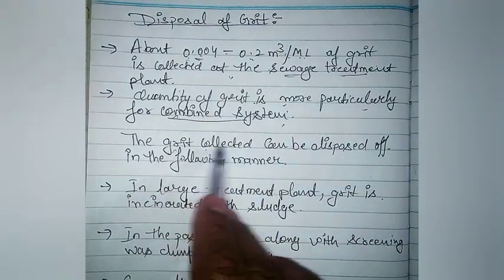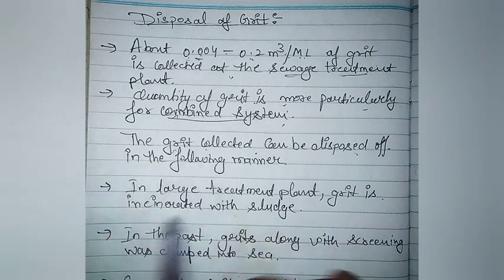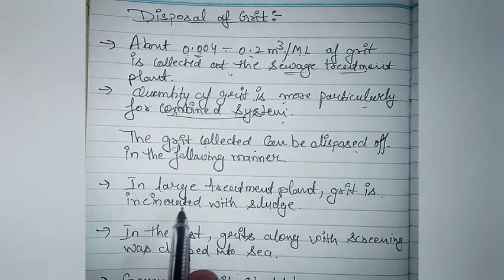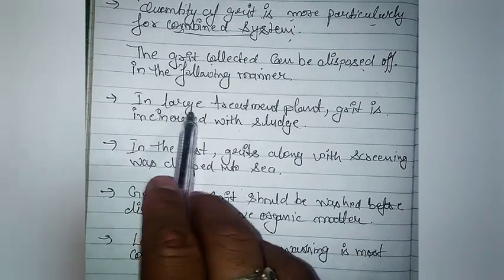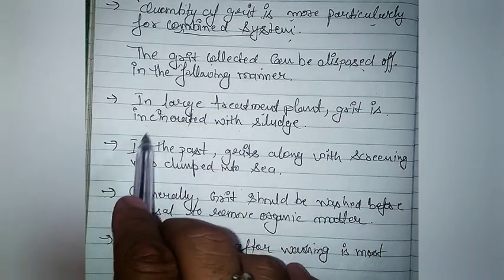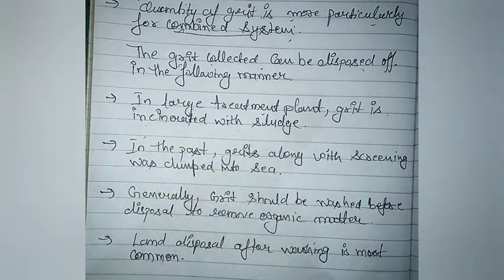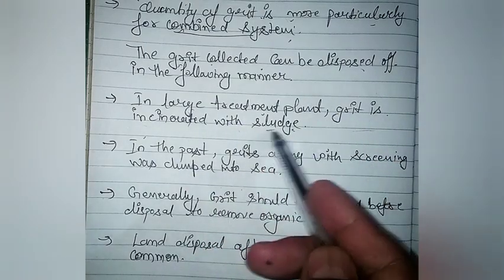Okay, so the grit collected can be disposed of in the following manner. In a large treatment plant, grit is incinerated with the sludge. So whatever sludge we are collecting from the treatment plant, we incinerate the grit particles along with the sludge itself.